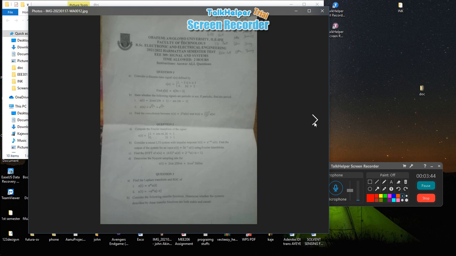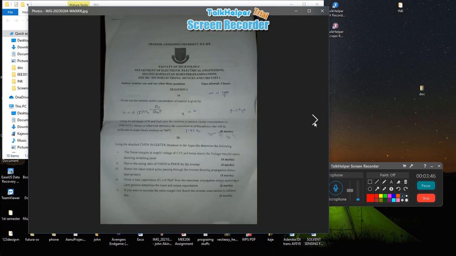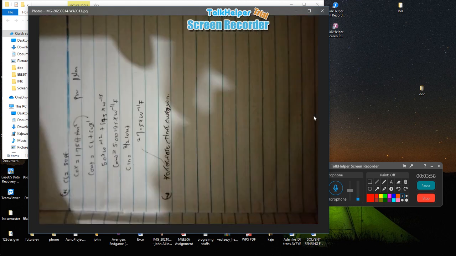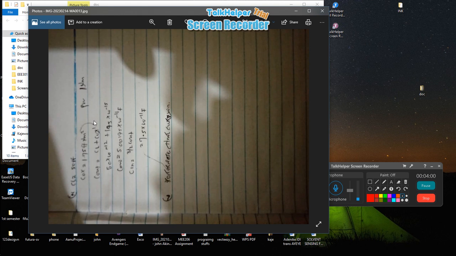The last question said we should give a load capacitance of 50 picofarad from maximum propagation delay, assuming one microprocessor. Since it is one microprocessor, the COX that we are to use is 1.75 femto.